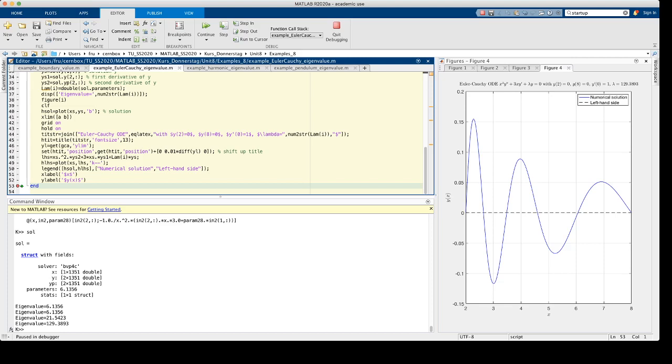So we have found 3 different eigenvalues and the corresponding eigenfunctions. As I said before, there is no guarantee that a valid solution is found. This may depend both on the guess of the eigenvalue and on the guess of the eigenfunction of the solution.